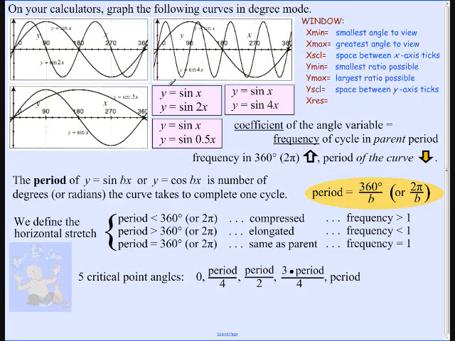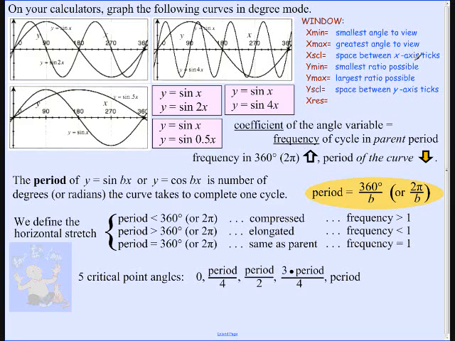This is right from your notebooks on your calculators. You can graph these curves in degree mode. Your smallest angle that you want to view is going to be your x-min. The greatest angle that you're going to view is going to be your x-max. So you're going to go from 0 to 360. Notice you're working in degrees here.